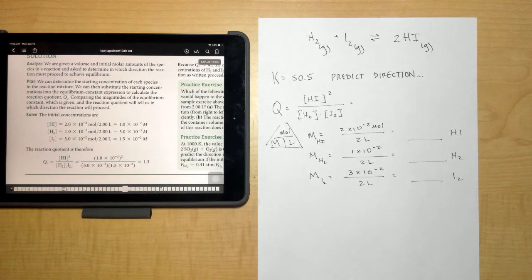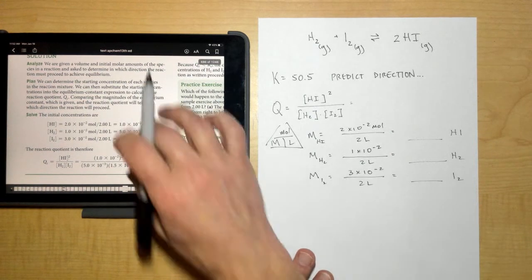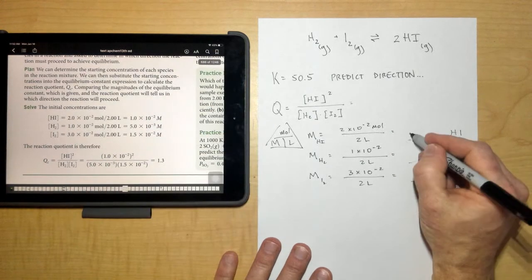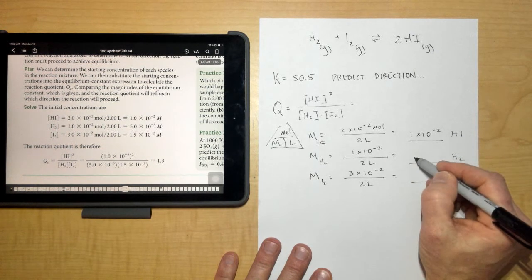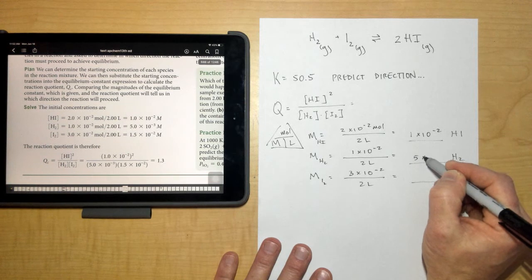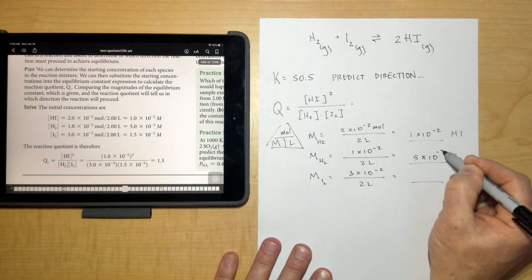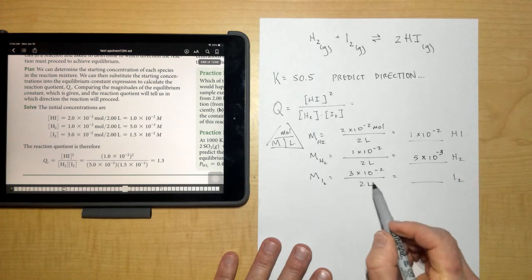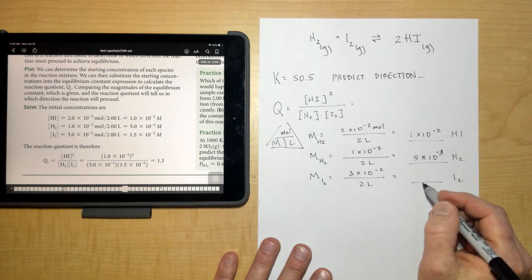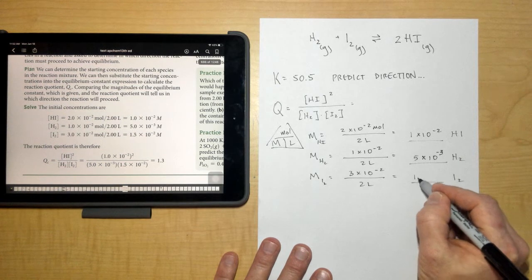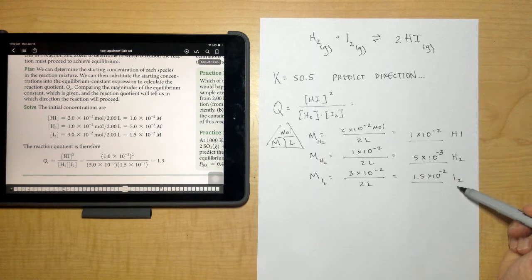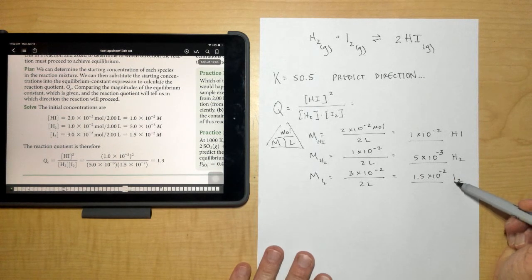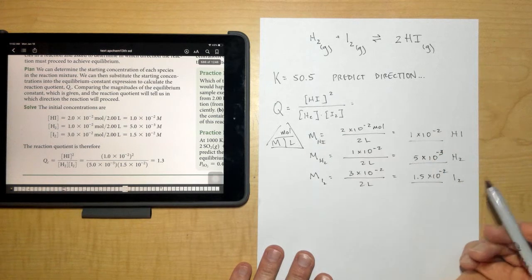So instead of struggling a lot by punching the buttons on the calculator, let's just look down here. HI ends up being 1 times 10 to the negative 2 molar. H2 ends up being 5 times 10 to the negative 3 molar. And then the iodine ends up being 1.5 times 10 to the negative 2 molar. So these numbers now go into our Q expression to find out where we're at.